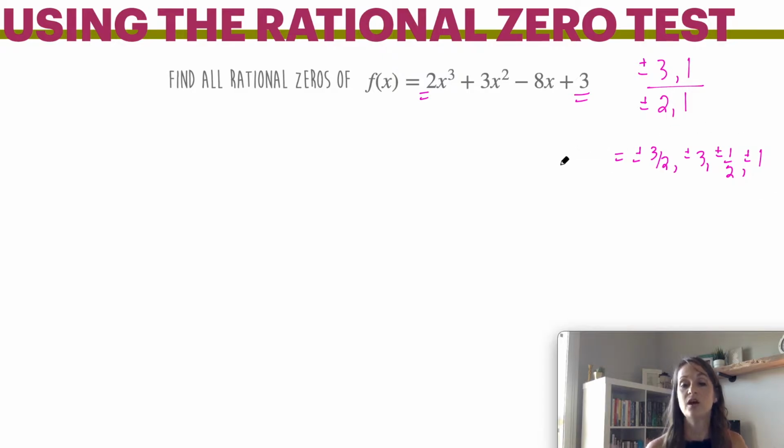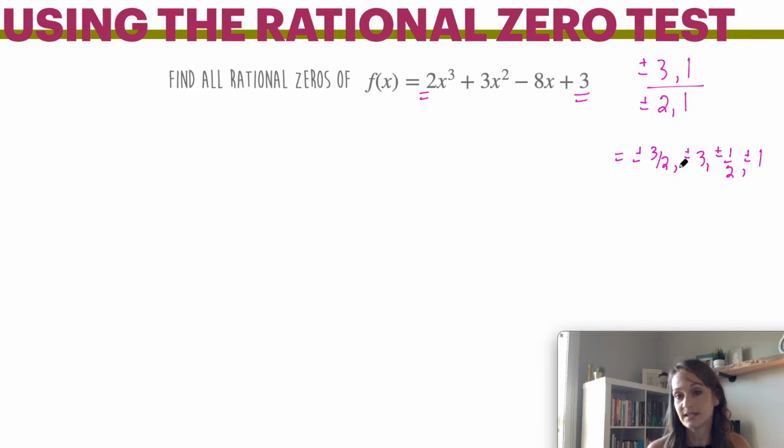We do not know what numbers work, but we do know these are the only possible rational numbers that work, meaning there could be other zeros that could be decimals, square roots, or even imaginary numbers, but in order for it to be a rational number, it can only be these possibilities. So to find out what those are, we're going to have to test them.